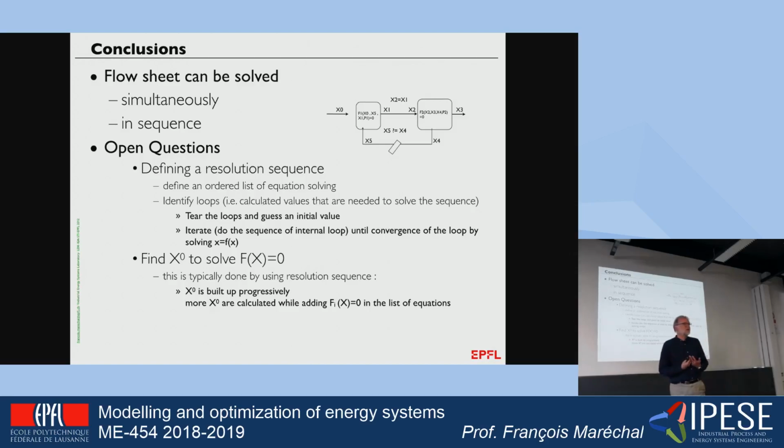This also means that we can have tricks that allow us to identify the initial values that we have to use to start the procedure. And this would also be by solving sub-problems. That means that we can also define a sequence of problems that allows us to have a good value for the initial guess.